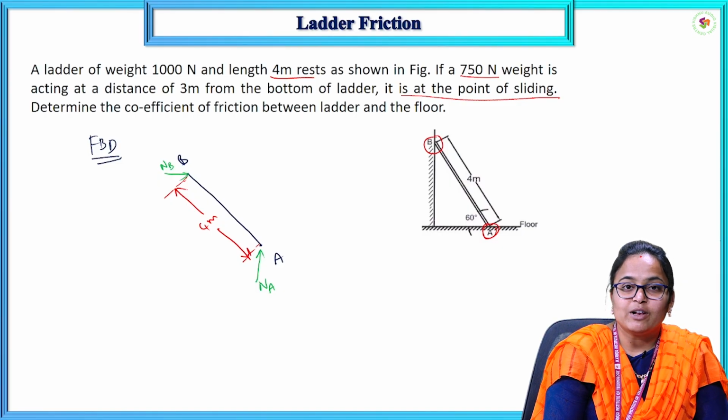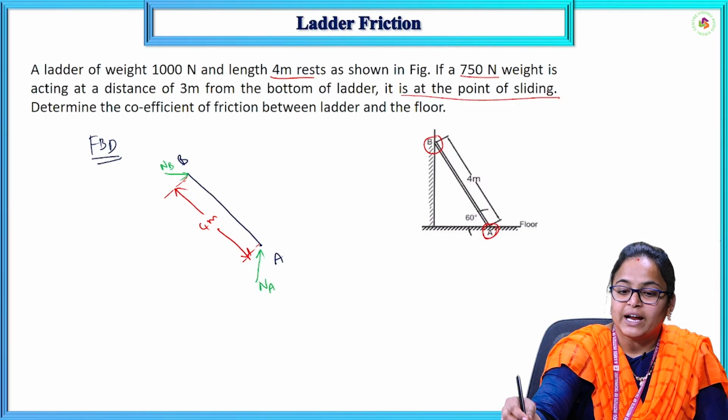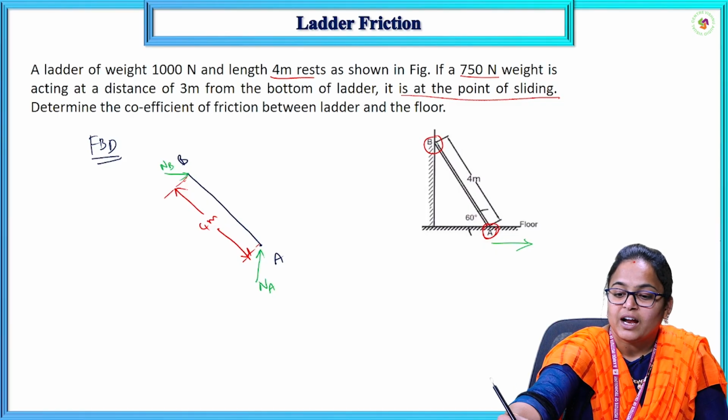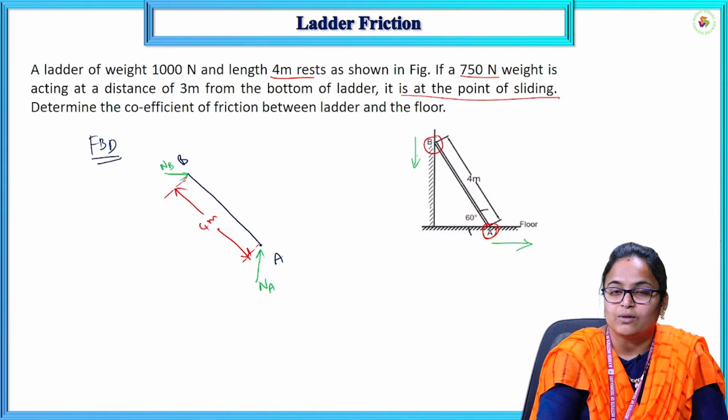Now, there will be friction. At sliding, the ladder will slide towards right at point A, and at the top, at the wall, it will slide towards down.